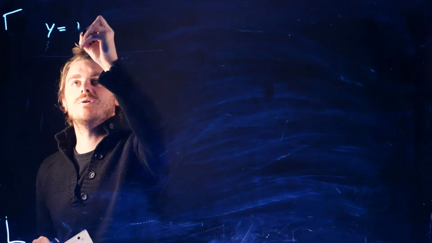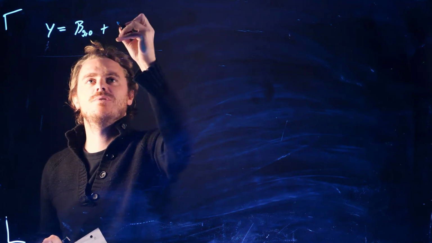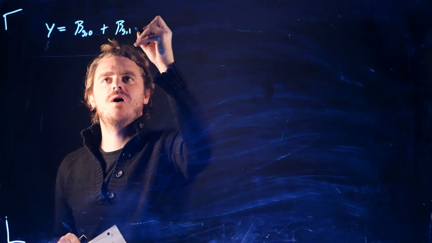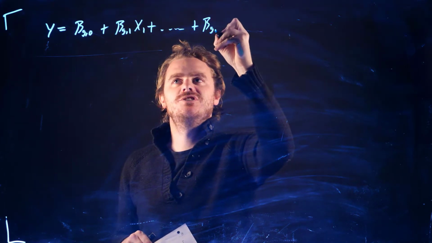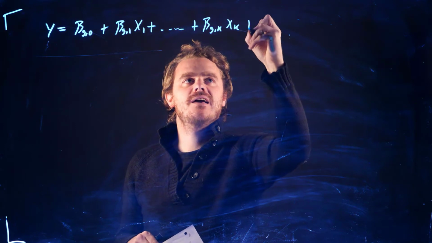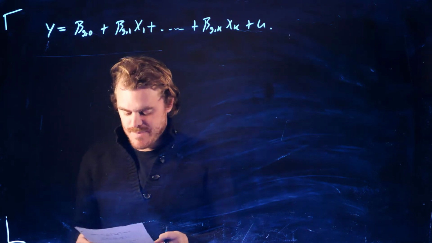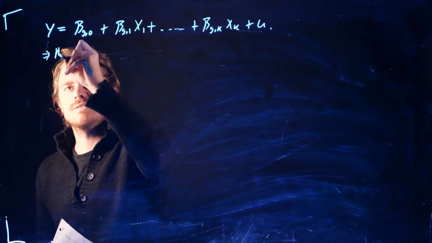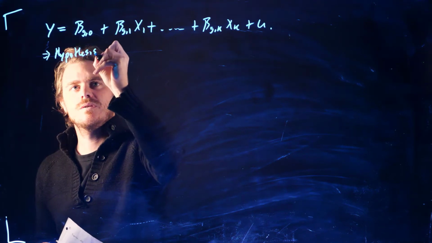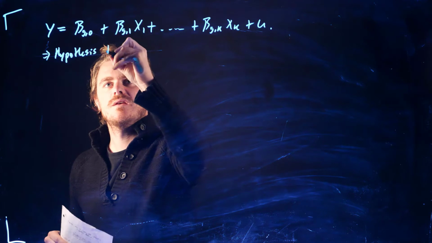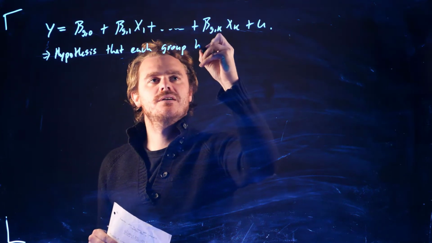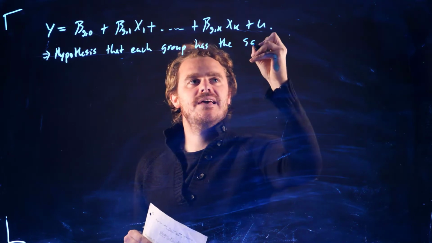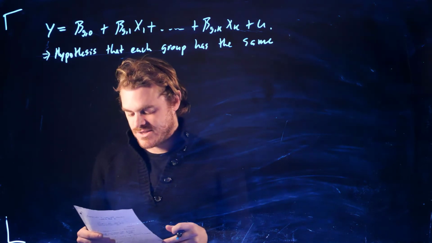So let's write out that model again. We had y equals beta g0 plus beta g1 times x1 plus all these other ones, and then beta gk xk plus u. And remember that our hypothesis here is that each group has the same intercept and slopes.